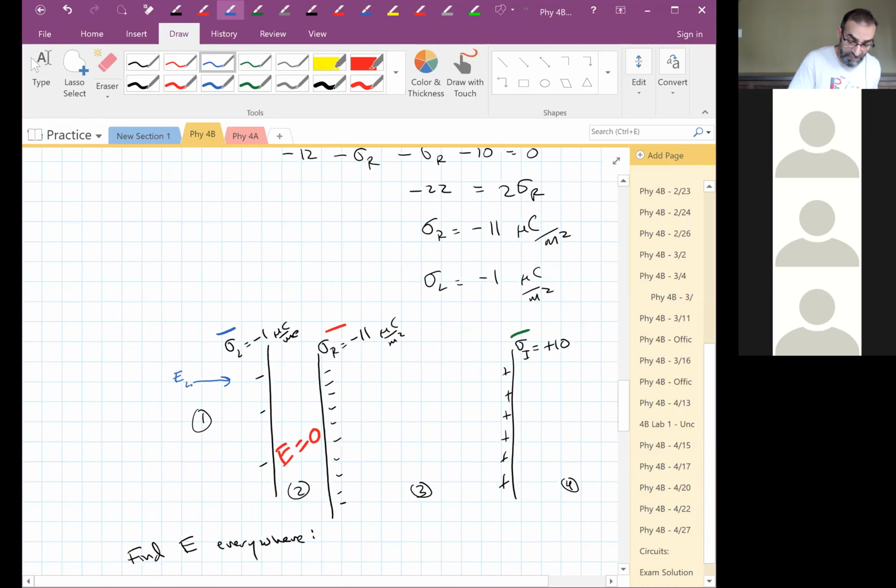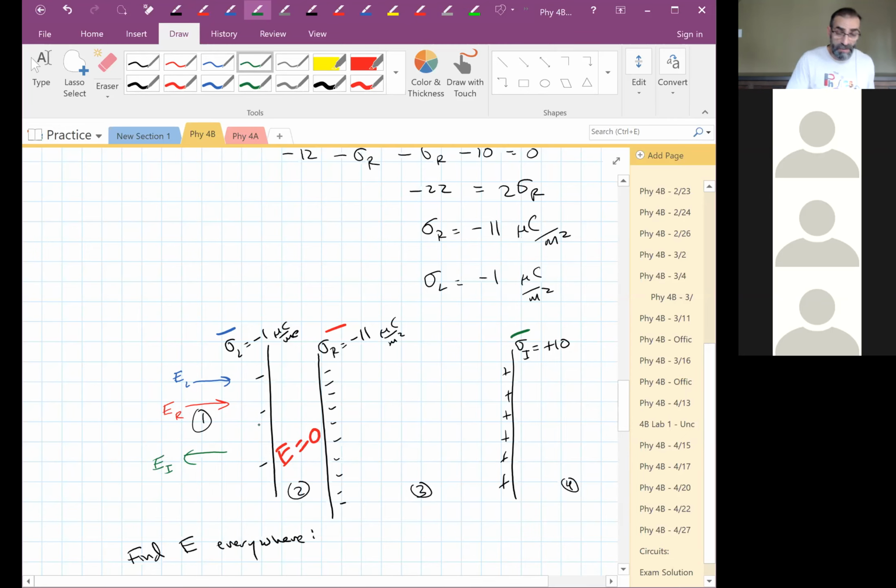I'll call that E left. The other one, the red one, the right face, is also negative. So if we're over here in region 1, it's producing an electric field toward the negative charge, right? E right. And sigma insulator is positive.